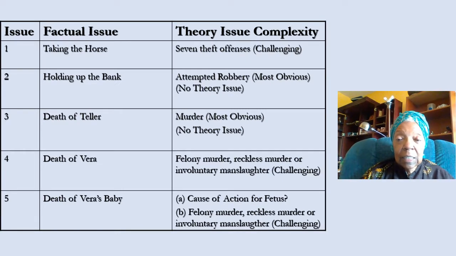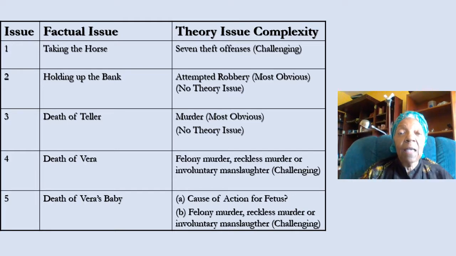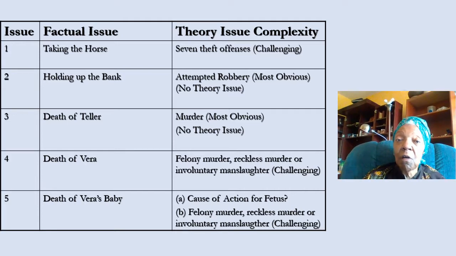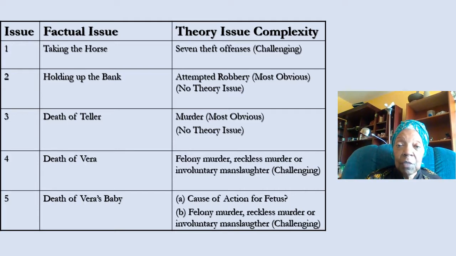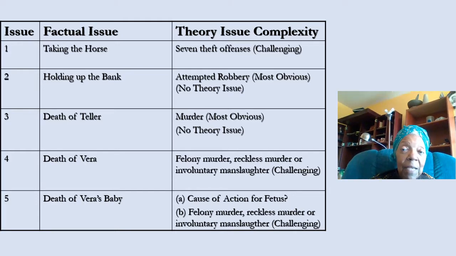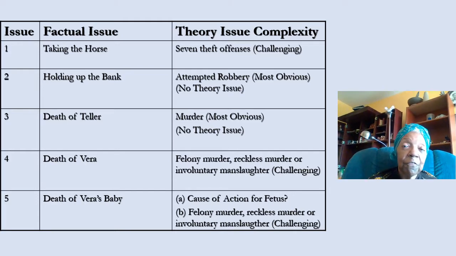So let's look at the theory complexity. With the taking of the horse, we're going to go back to the factual issue because that's where everything starts. Well, there are 7 different theft offenses. And so you have to explain that you know that there are 7 different theft offenses and why you are picking the particular theft offense.